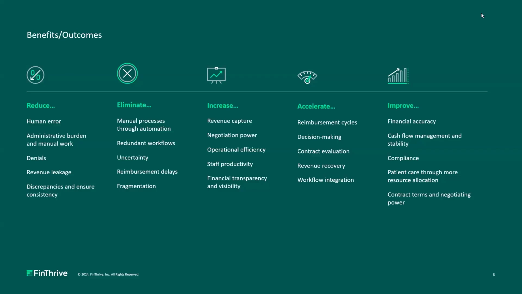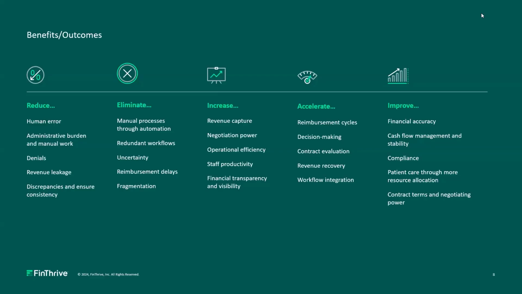I think the key part is working smarter, not harder, but also how do you increase revenue capture and negotiating power. Think about how you take today's contract and model it to tomorrow's contract. After you model those contracts and they've been signed off by the CFO, then how do you put in operational efficiencies?